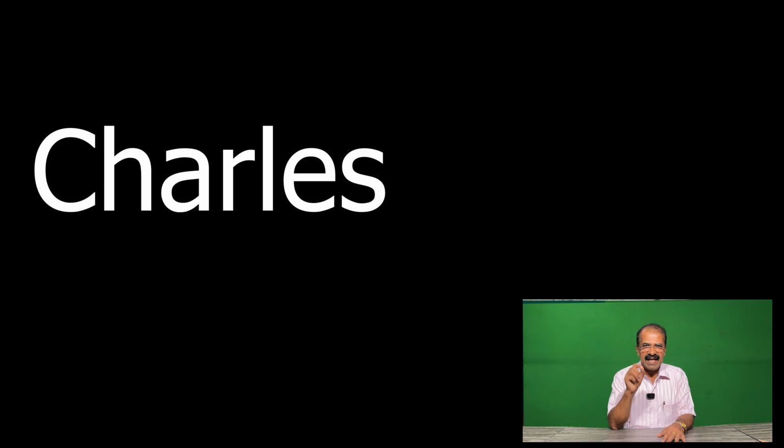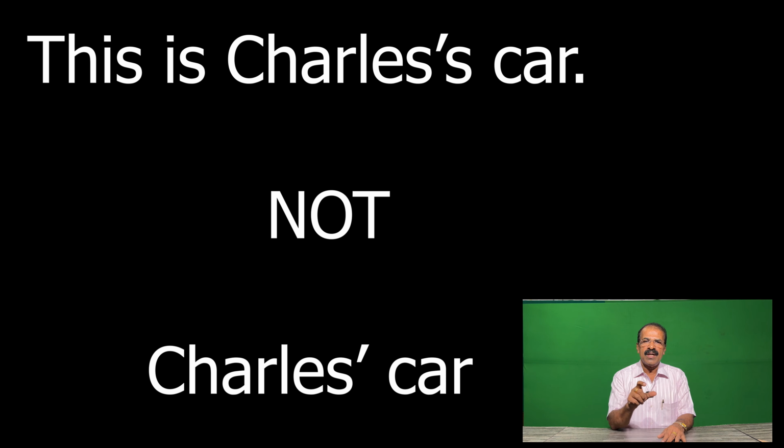Just because of S at the end of the name, you can't put merely an apostrophe. You have to make use of apostrophe S to indicate Charles's possession. So this is Charles's car. You can't say this is Charles' car. There is nothing like Charles' car. Charles is the name of a person. It ends with the letter S, but still you have to make use of apostrophe S along with this name.